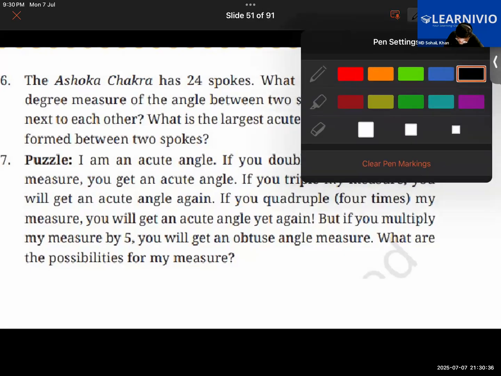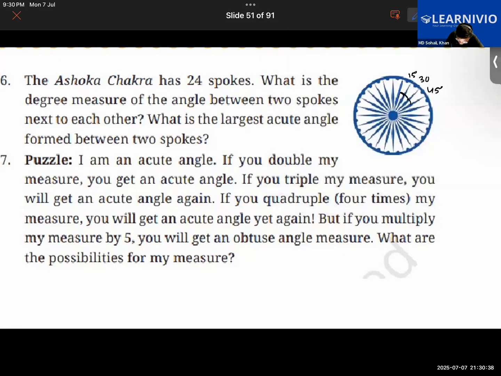Try to understand this. Look at where I'm pointing. I'm saying I can have 15 degree, then 30, 45, then 60 degree, 75 degree. Now after 75 I'll be having 90 degree, but 90 degree is not an acute angle, it's a right angle.